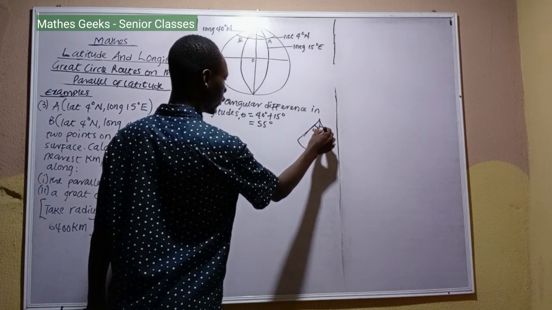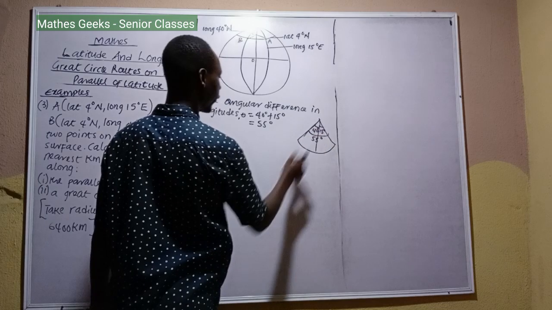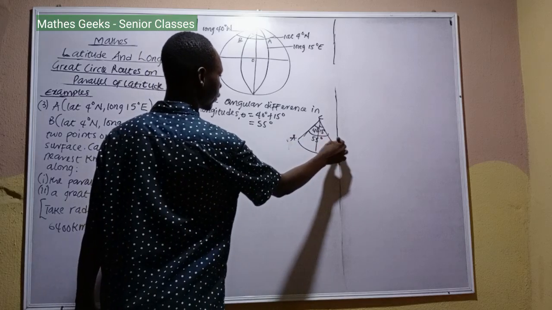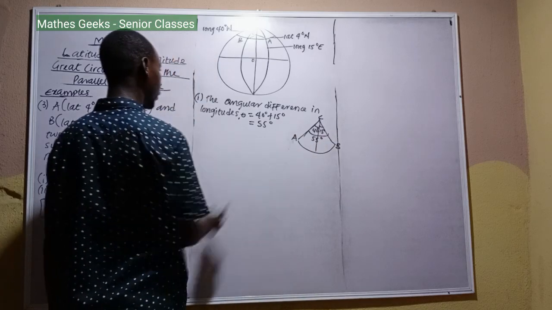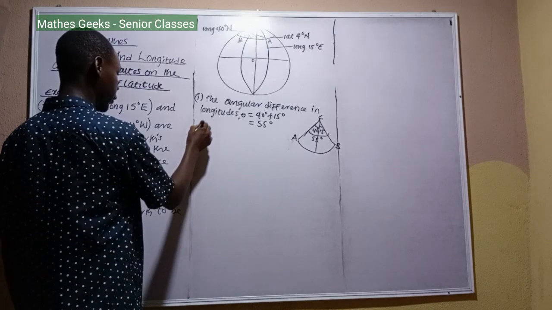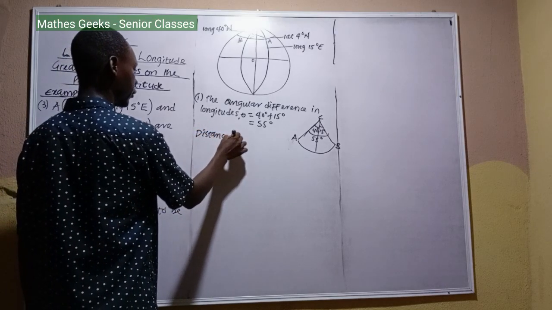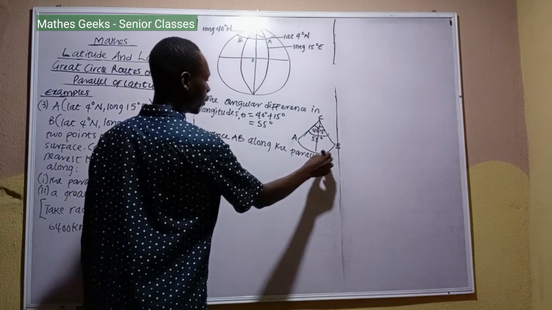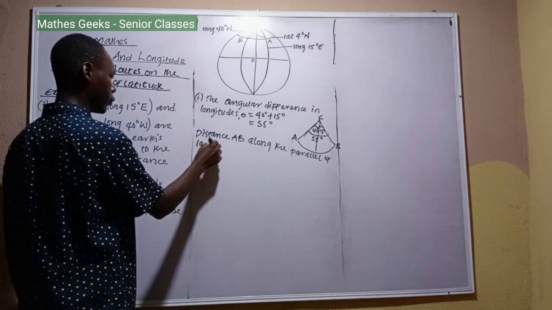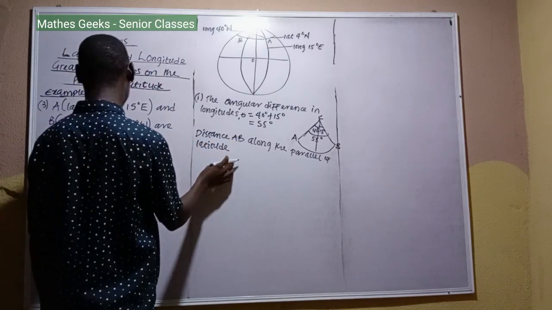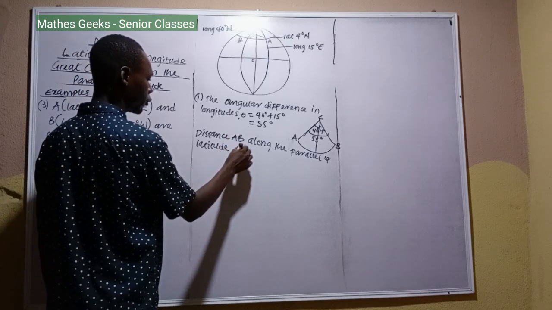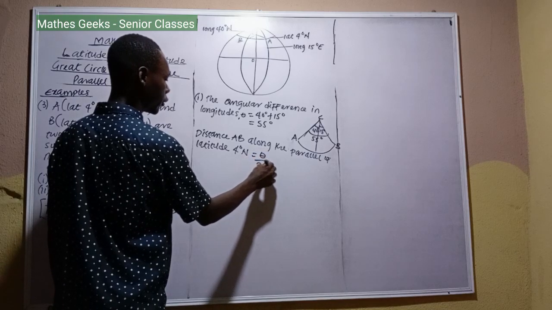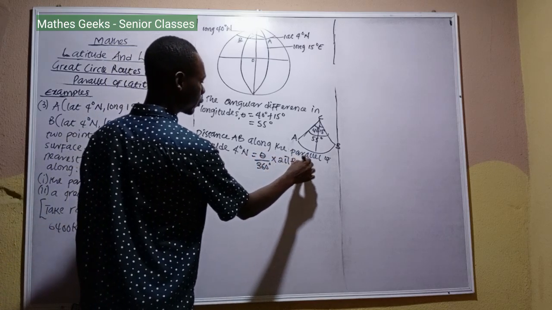So the distance AB along the parallel of latitude, latitude 4 degrees north, is equal to theta over 360 degrees times 2 pi r cos alpha.